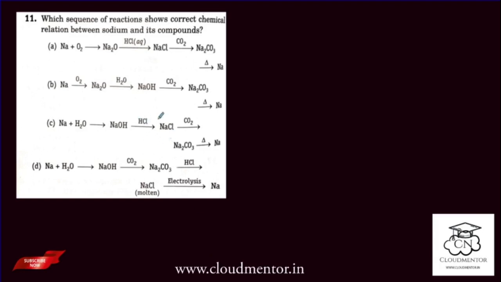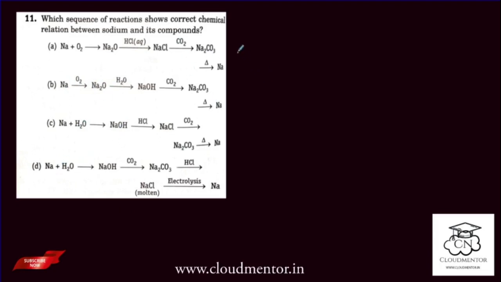Here, sodium reacts with oxygen giving Na2O and with HCl giving NaCl. It is not applicable, and here also the same first step is happening. Let's look at option D and split it.